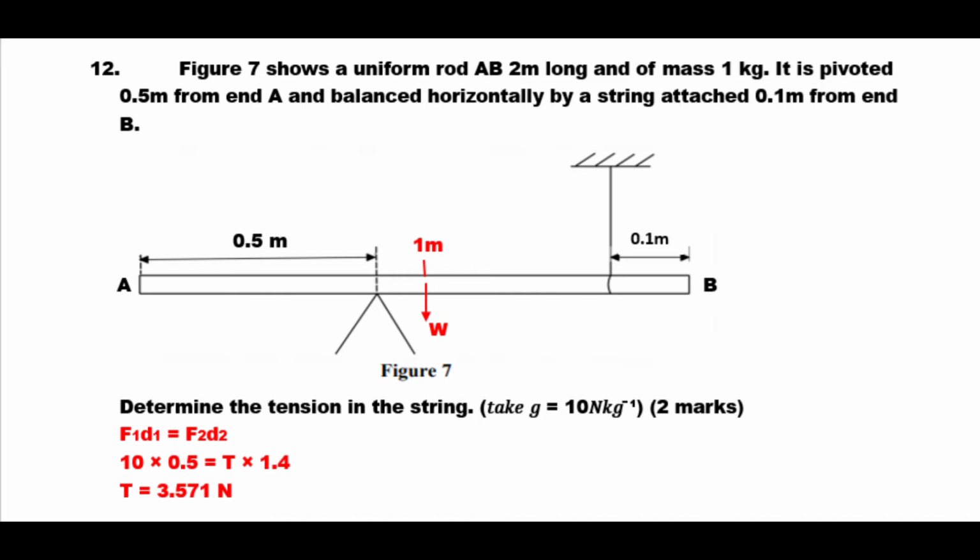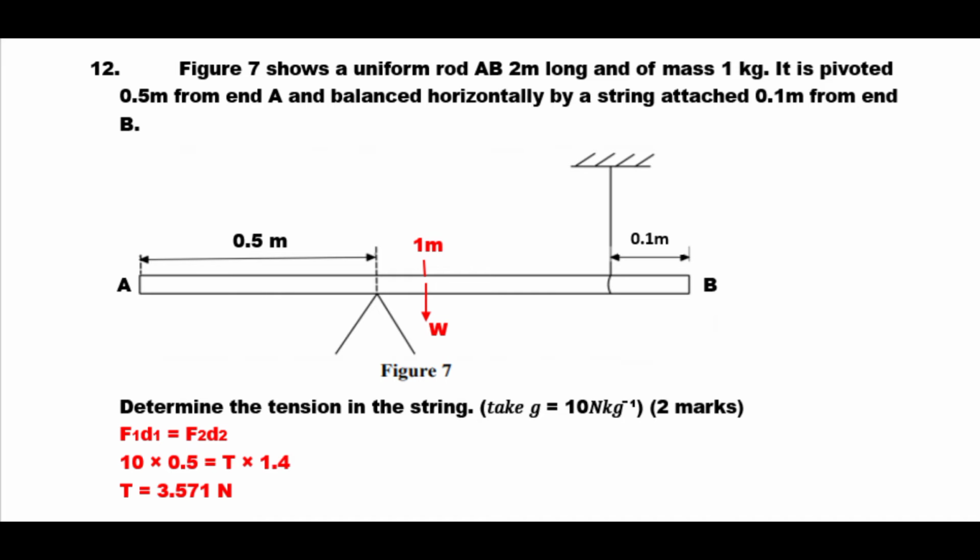So we have 10 times 0.5, because remember, the point where the weight is acting is 1 meter. 1 meter minus 0.5 gives you 0.5 meters.